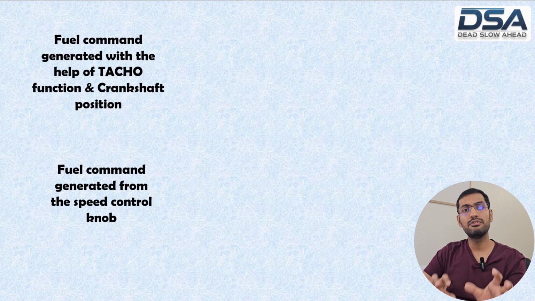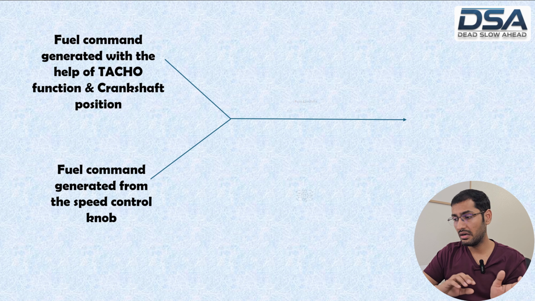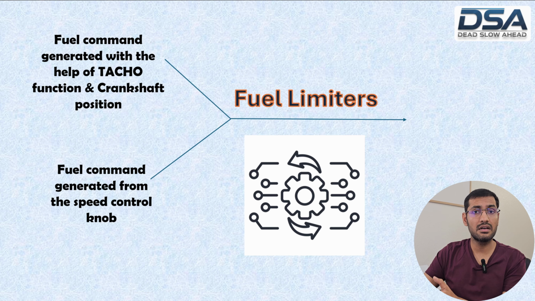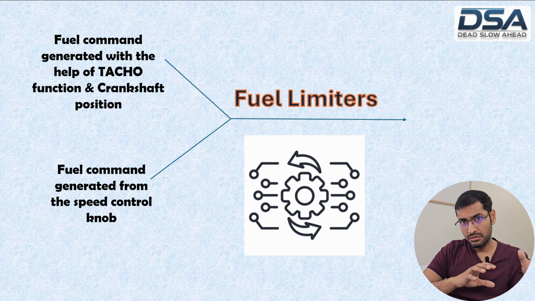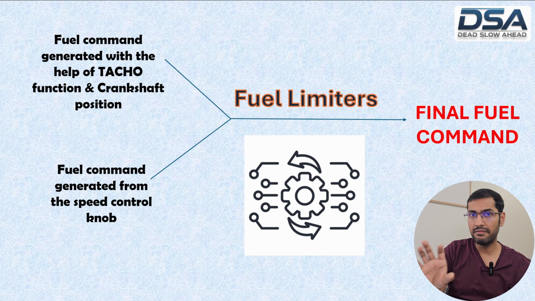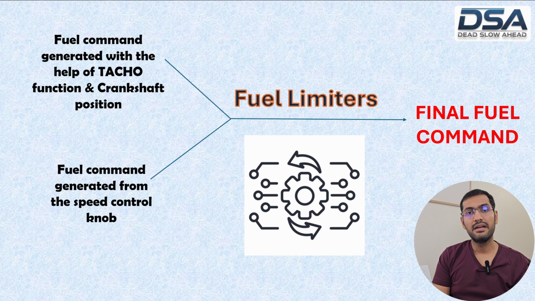These two fuel commands are then run through protective algorithms, which are called fuel limiters. Based on these algorithms, the final fuel command is generated. This is the final fuel command required for the next firing of that particular cylinder. Similarly, all the other cylinders are provided with fuel commands for their respective units.